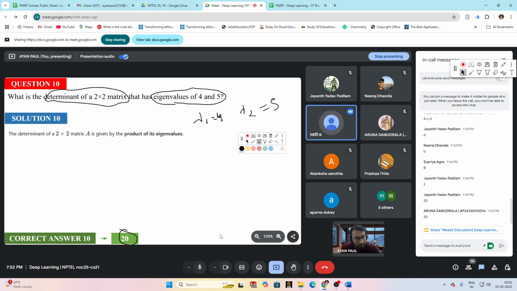The eigenvalue gives the variance of data along that particular eigenvector. So the larger the eigenvalue, the more variance your principal component, or your eigenvector, will cover. That is the concept of PCA.